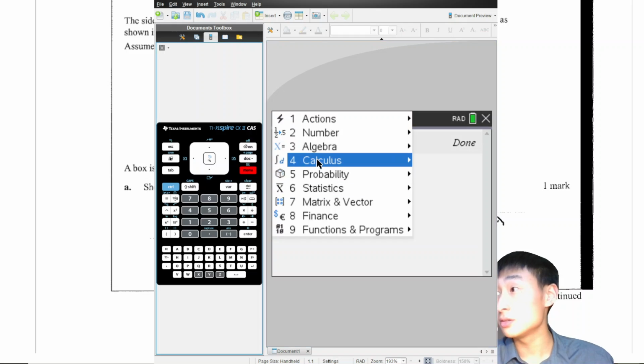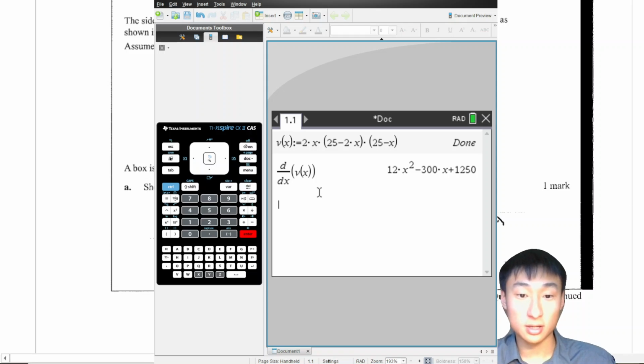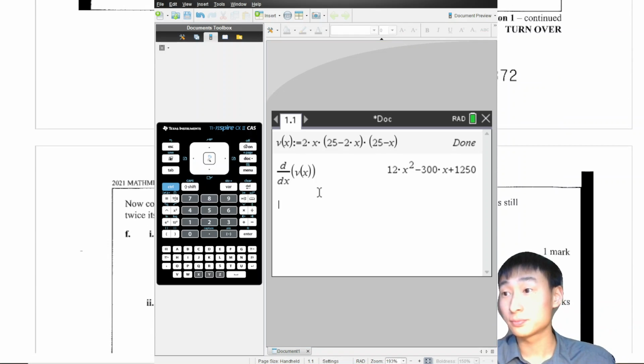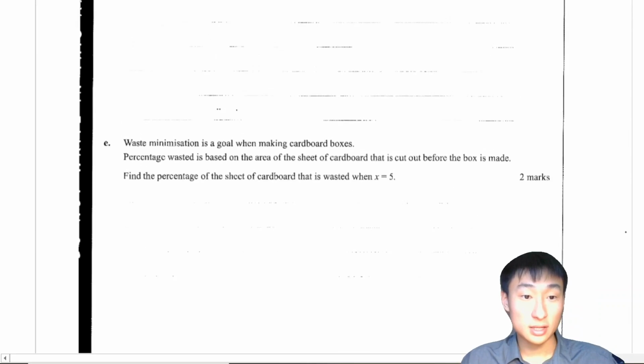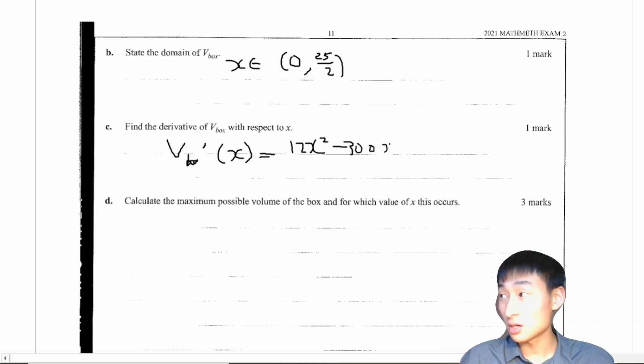So that's menu, derivative, and that's equal to that. So V box dash of x is equal to 12x squared minus 300x plus 1250.